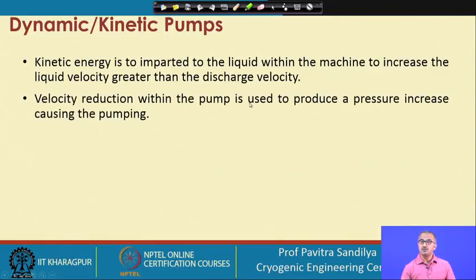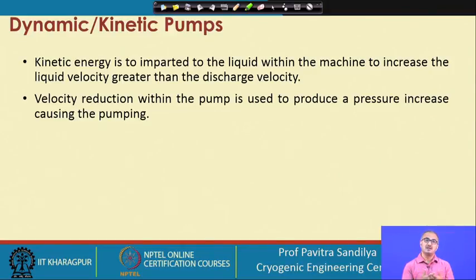Now why are we doing this? Because again we are reducing the velocity imparted to the liquid, and when we decrease the velocity of the liquid, we are able to recover the pressure which was lost during the increase in velocity. That is, we are basically going by an energy balance, using some kind of Bernoulli's equation.